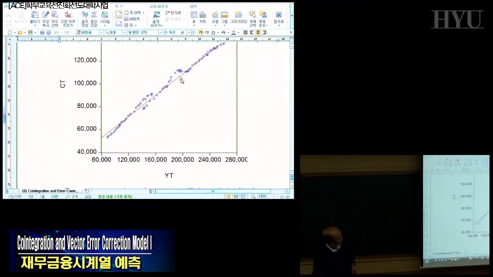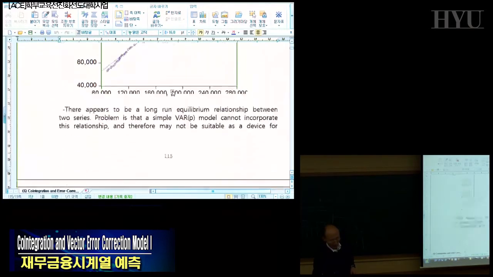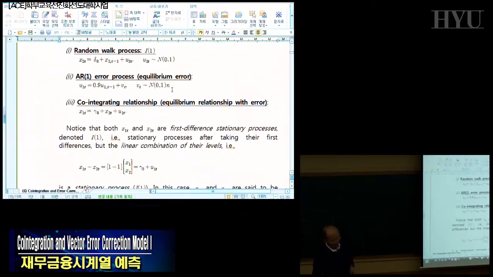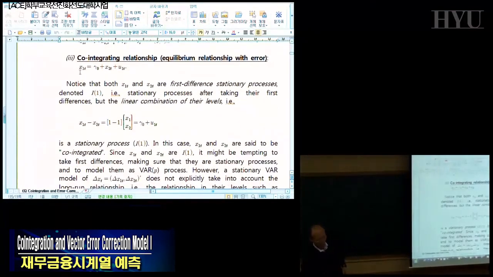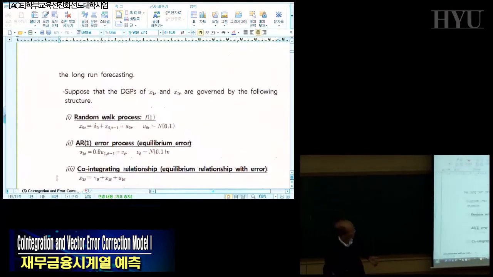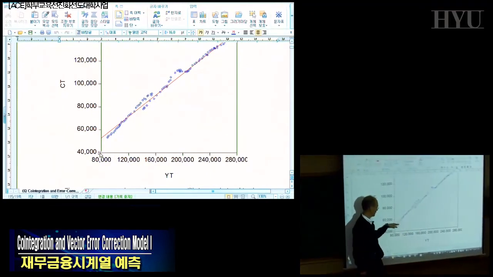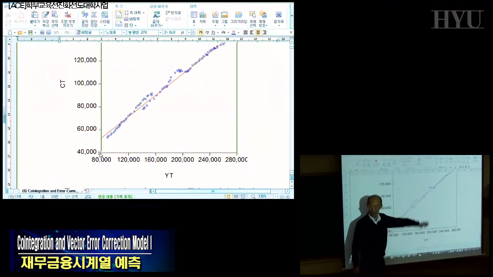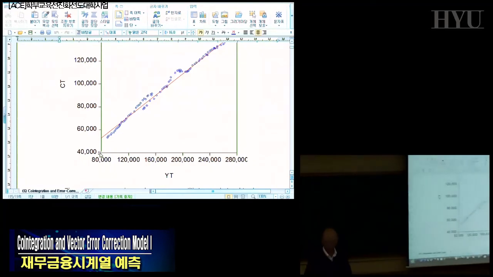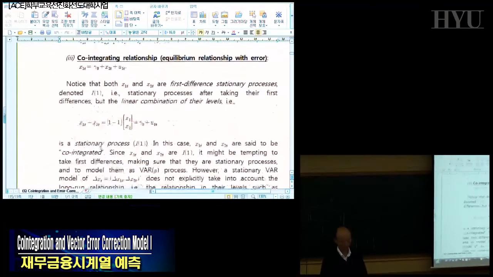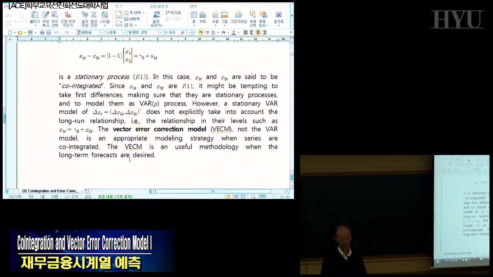So the deviation from this red line is, of course, if in fact it is similar to x1t and x2t, going to be this one, right? Which is stationary. And stationarity means, because this is the mean level, it will fluctuate around that line.